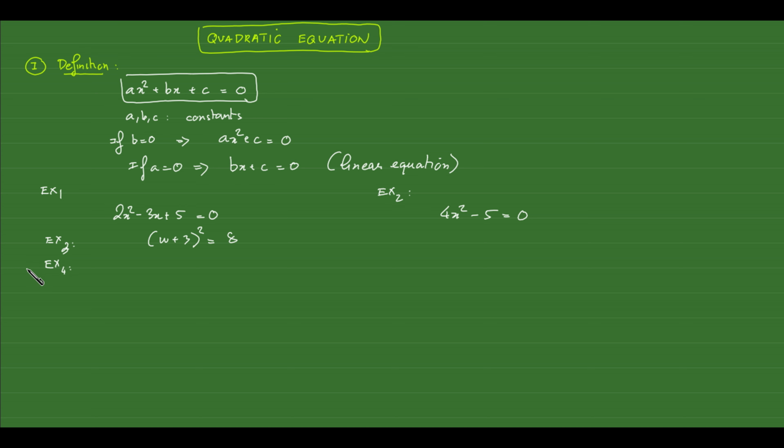Okay, how about this, t minus 1 over 2 squared minus 10 equals 28. Something like that. This is still a quadratic equation because this is second degree, even though it is not in the standard form.